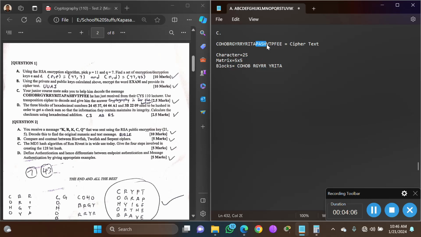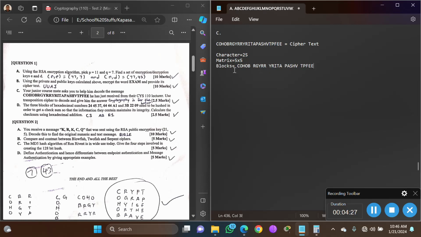Then you get the fourth 5 letters and put them into the fourth block. The last 5 letters you put into the fifth block.